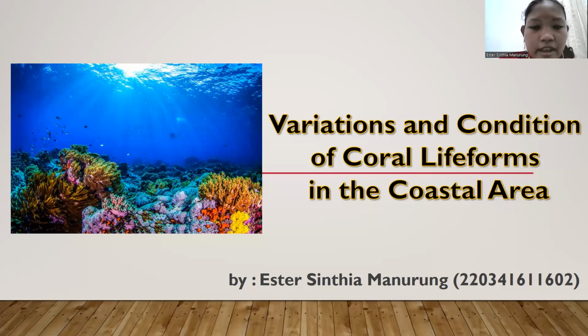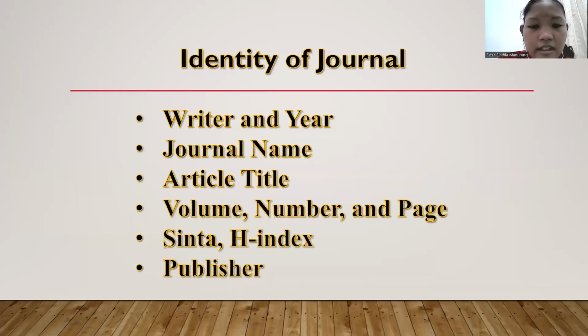So first I will begin with the identity of the journal. The article title is Variation and Condition of Coral Life Forms in the Coastal Area, from Jurnal Sumber Daya Aquatic Indo-Pacific, Volume 6, Number 2, pages 153 until 164.